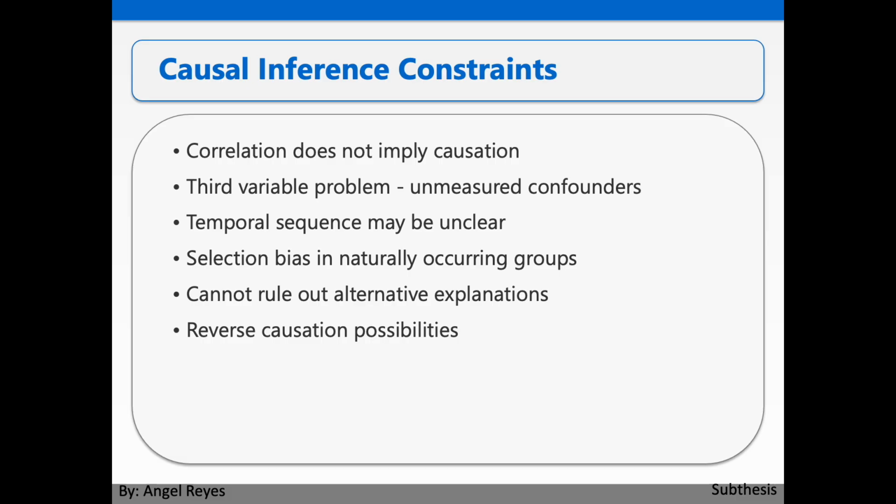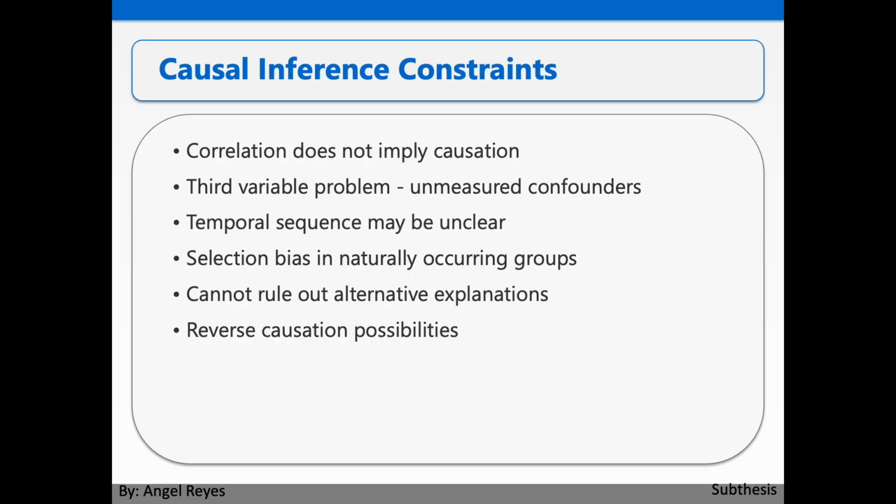There might be unmeasured confounders, variables we haven't identified or measured that actually explain the relationship we've observed. For example, if we find that people who drink wine live longer, it might not be the wine causing longevity, but rather that wine drinkers tend to have higher socioeconomic status, which provides access to better health care.